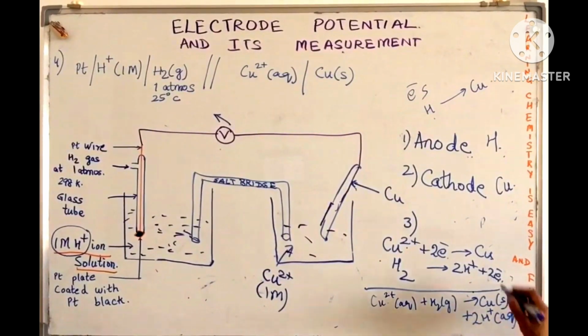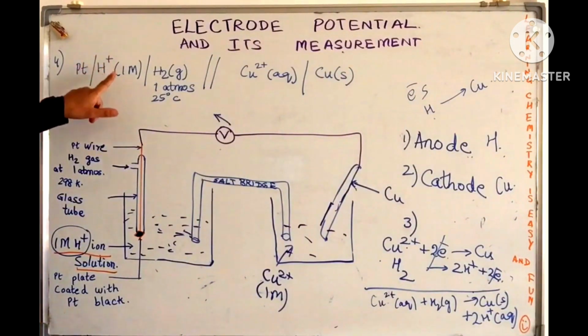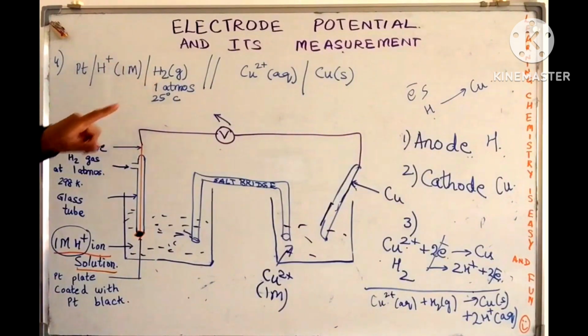Here the two electrons will cancel out because the number of electrons being lost is the same as the number of electrons being gained. Coming to the cell representation, again, yes, we have platinum, hydrogen ions changing to hydrogen.